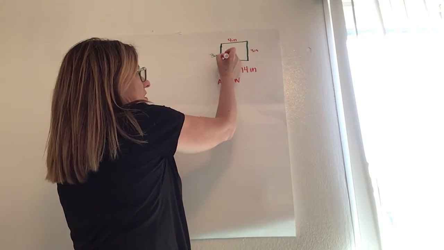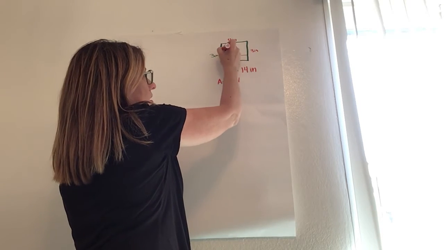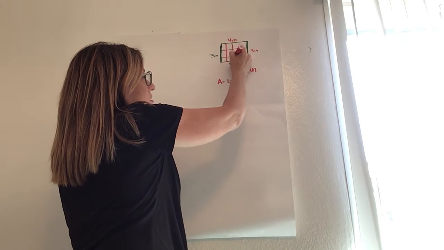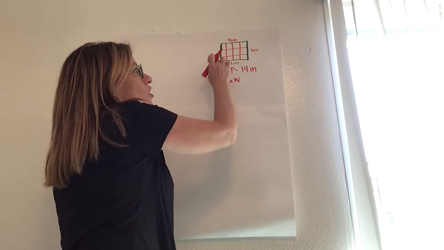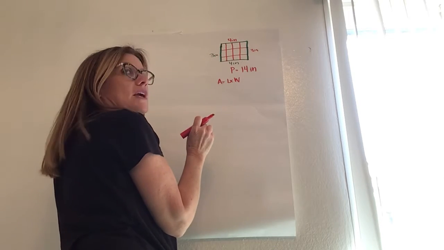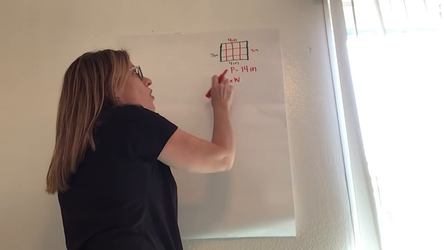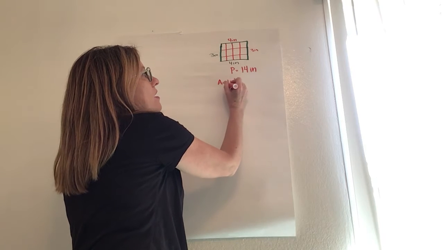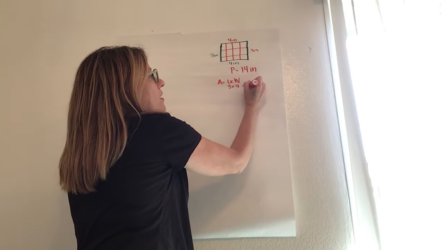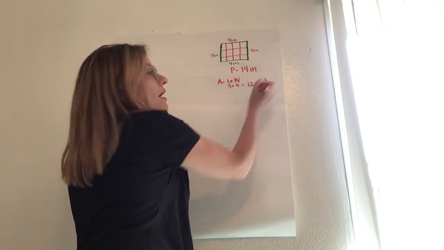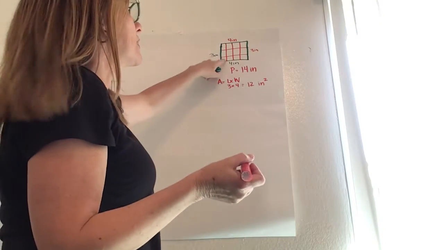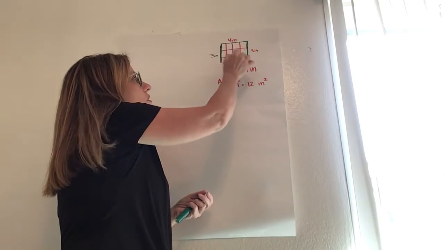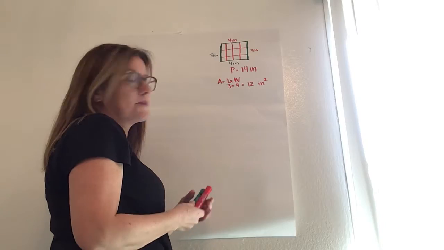And the reason is if this is 3 inches, it's saying that I have 3 across and 4 across, or length times width, which is 3 times 4, which would be 12 inches squared, or square inches, because it's my area. And if I counted up the squares, I would have 12 square inches, okay?